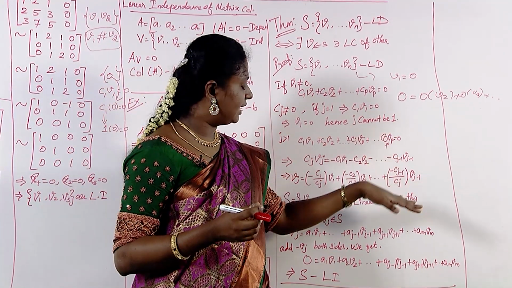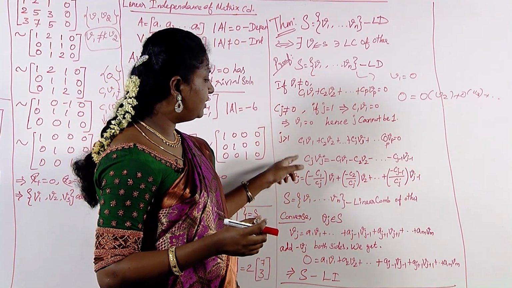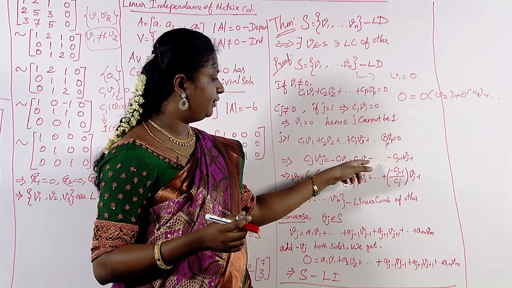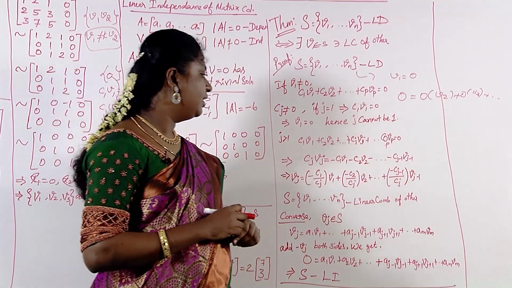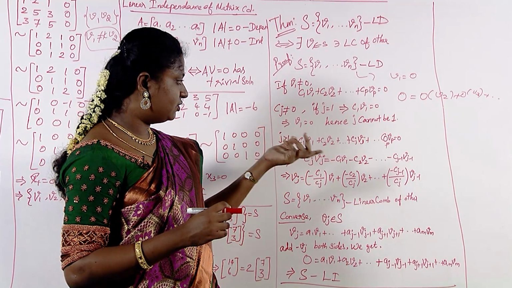That is one way of choosing Cj. Anyhow, you will have the linear combination Cj Vj equal to minus C1 V1 minus C2 V2 etc. minus C(j-1) V(j-1), and the rest of the entries may be equal to 0. You can choose like that.